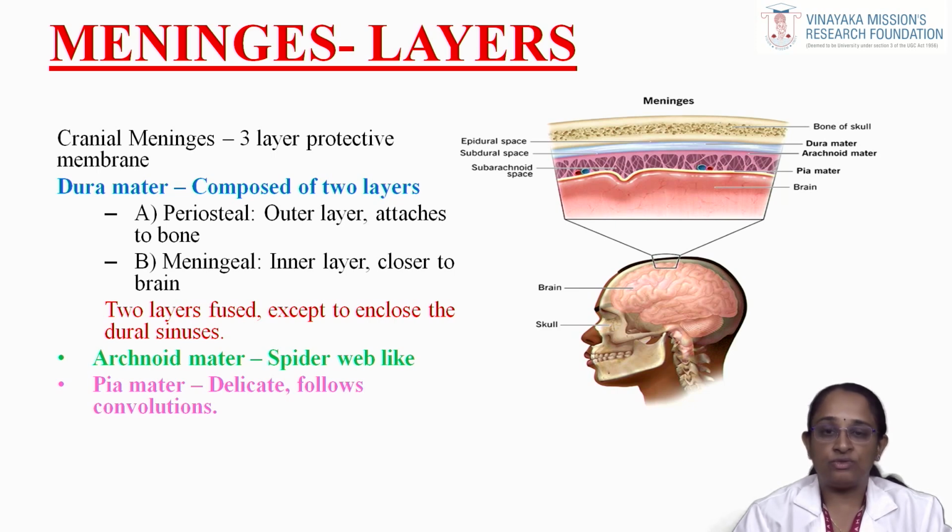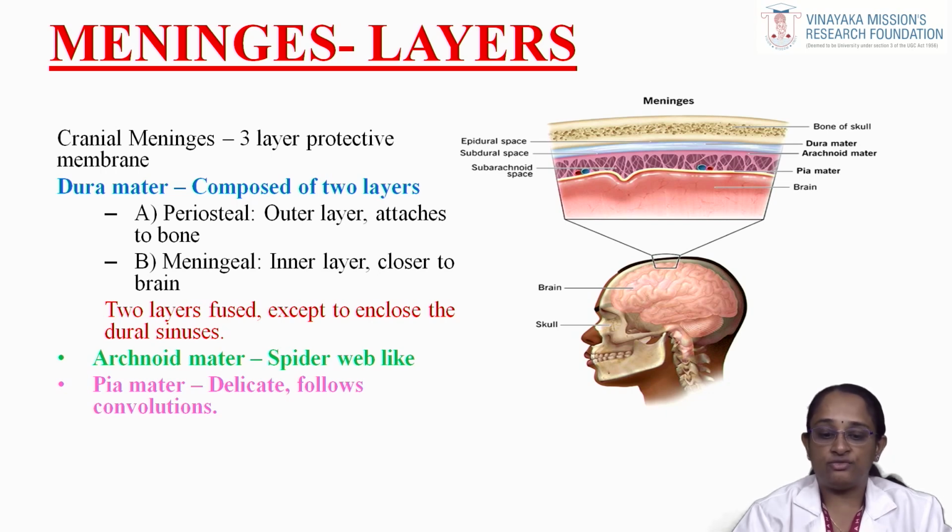To revise with examples, the pericardium has serous pericardium and fibrous pericardium, and the pleura has visceral pleura and parietal pleura. Just like that, the dura mater has two layers. The outer periosteal layer is in contact with the bone, the periosteum. Then the meningeal layer is in contact with the next layer of meninges.